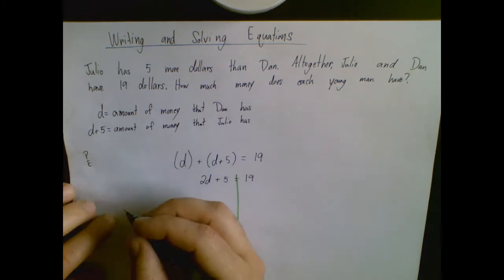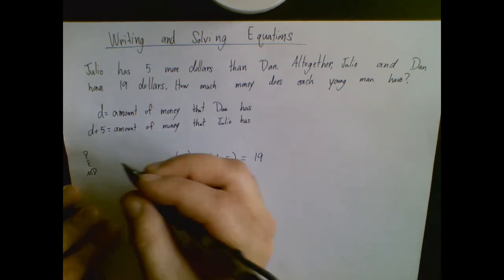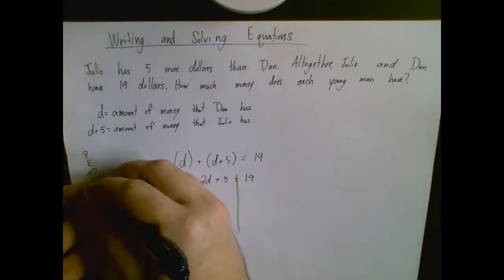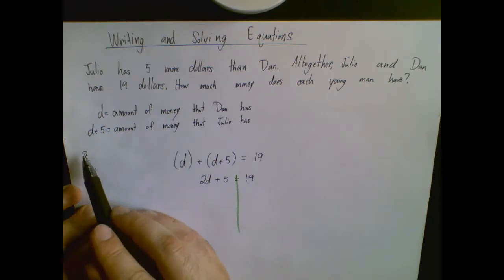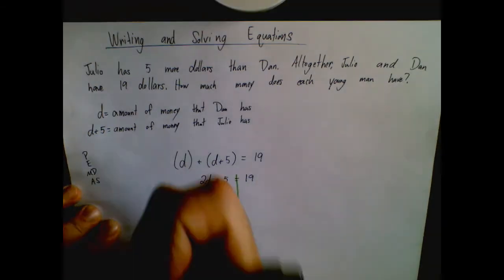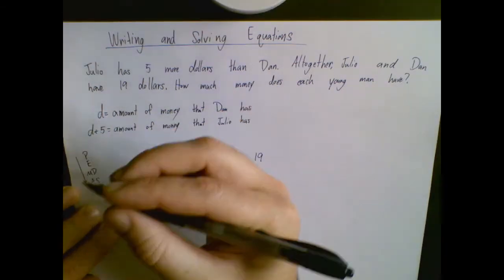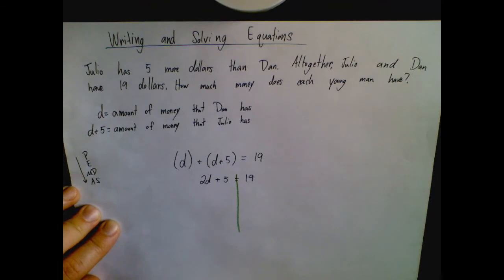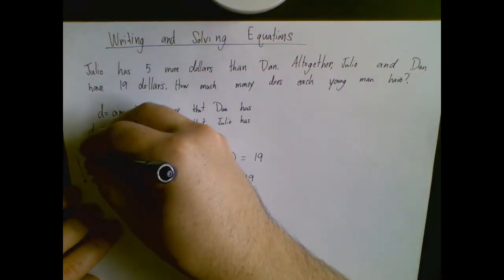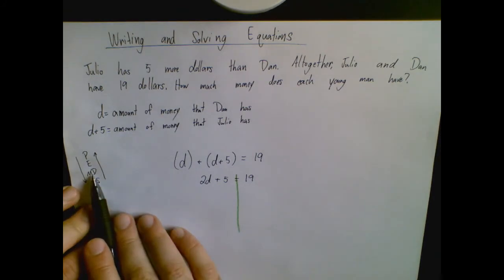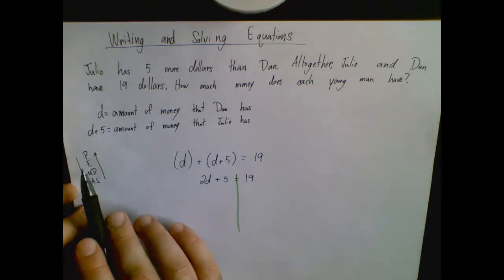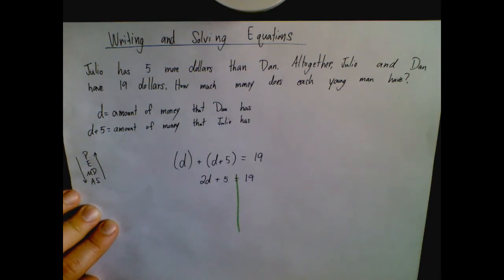Parentheses, exponents, multiplication and division in the same step, and addition and subtraction in the same step, going from left to right. So it's PEMDAS. That's the order of operations. If you're trying to solve, you do this process backwards. You start with addition and subtraction, then multiplication and division, deal with exponents, and in the off chance you have parentheses, you'll do that at the end.